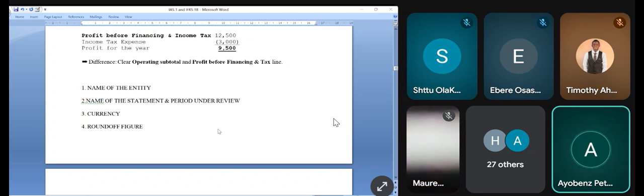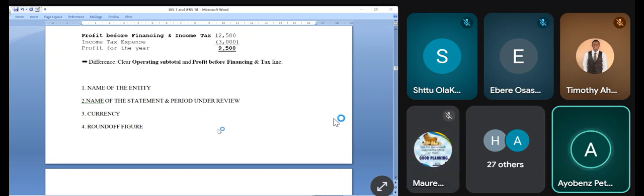Now, for the disclosure, it is expected that for every statement of comprehensive income that you prepare, there must be a note in the accounts that tells us what we call the management performance measures, MPM.